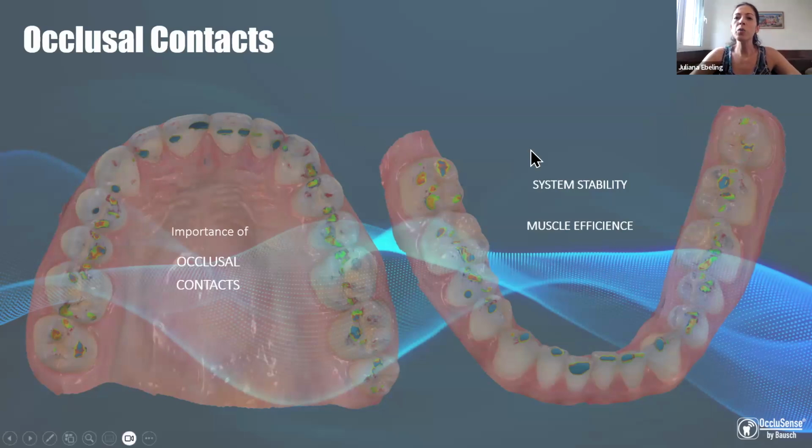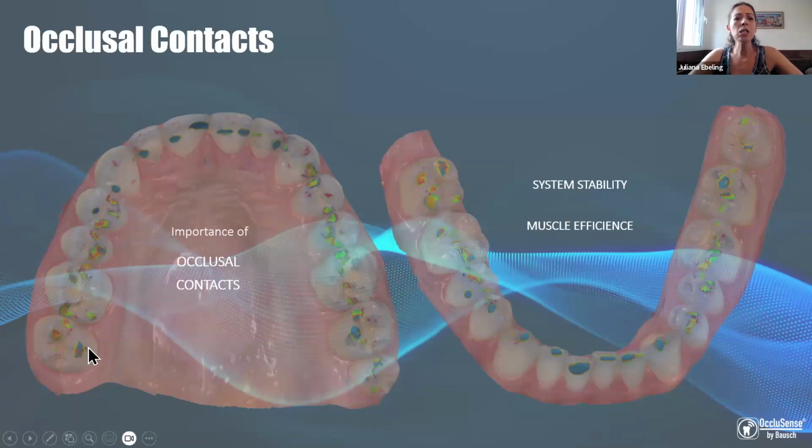This relation between joints and teeth reflects in muscle efficiency. Why? Because the same muscles serve teeth function, joint function, and all the other functions: swallowing, speech, and many others made by the same system.